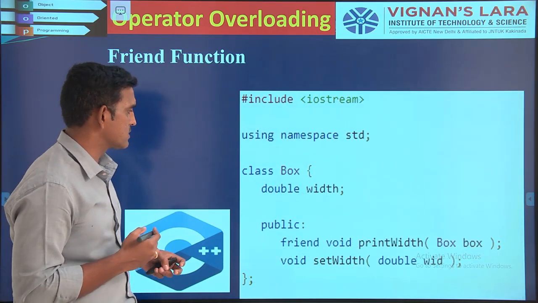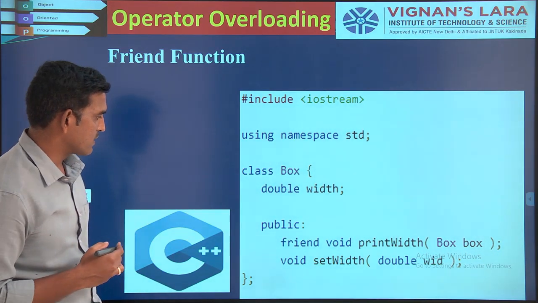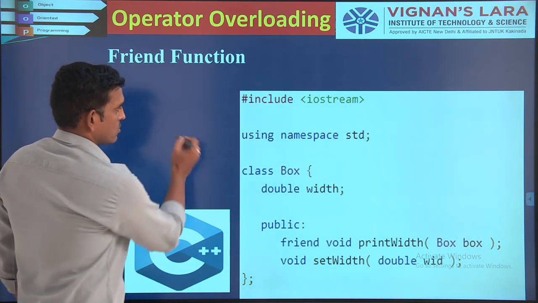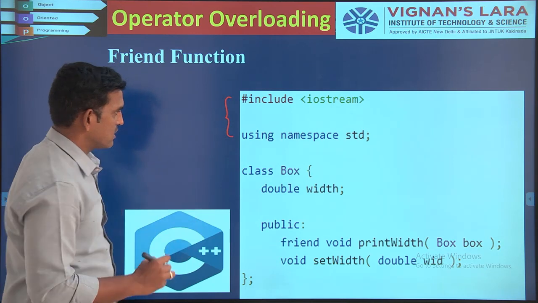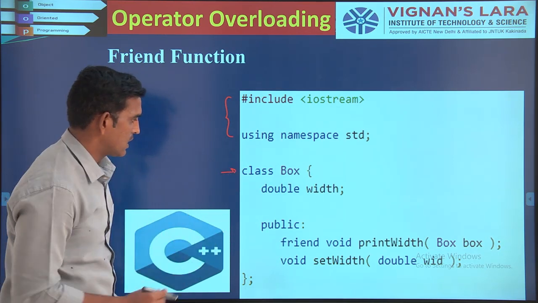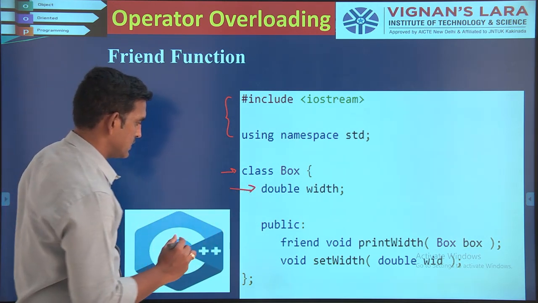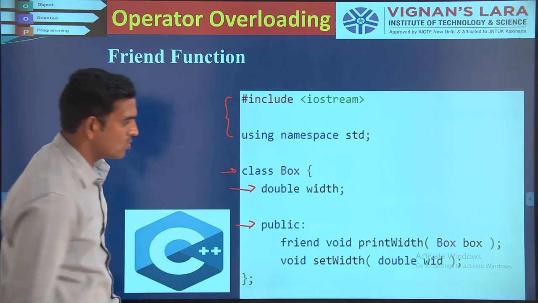Next, this is an example to use your friend function. You are using the same two lines, after that you have declared a class Box with a private variable, double width, and inside the public section you have written two methods.